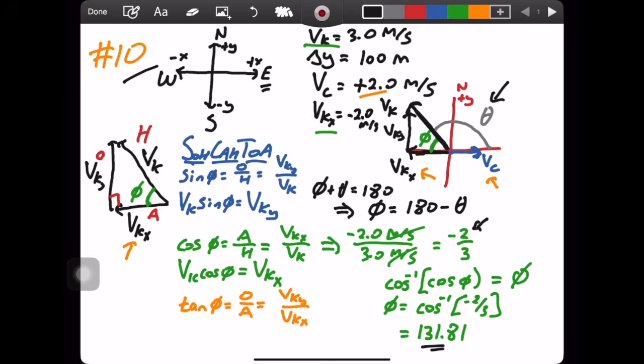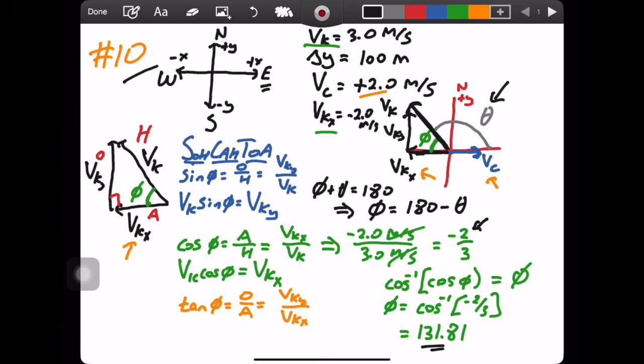Now this is actually nice because the first part of the problem asks for an answer where you are going to talk about if the angle was defined at the positive x direction, what would the angle be? And so the problem can be answered as the angle is 131.81 degrees north of east, which is to say that you start due east and then you sweep 131 degrees.